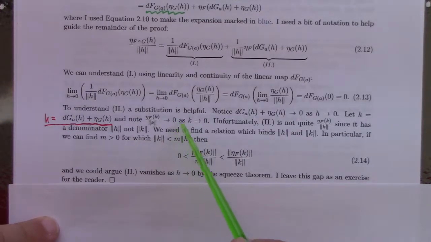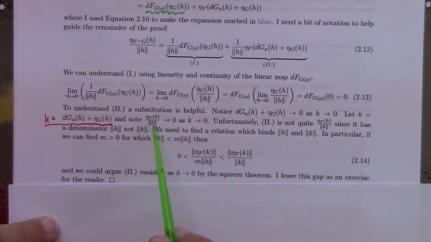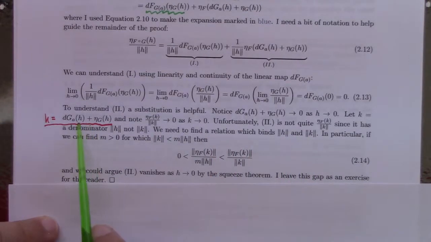But the hitch is, I don't need eta f of k divided by norm k going to 0. I need eta f of k divided by norm h going to 0, which is kind of a drag. So if I could find some relation which binds norm of h and norm of k, which seems plausible, given how k and h are related, then I could use this little squeeze argument.